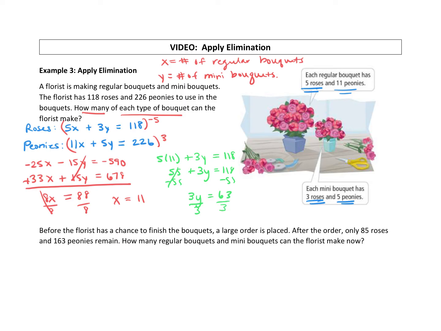Divide both sides by 3, and we get y is equal to 21. So let's provide our answer in the context of the question. The florist can buy 11 regular and 21 mini bouquets.